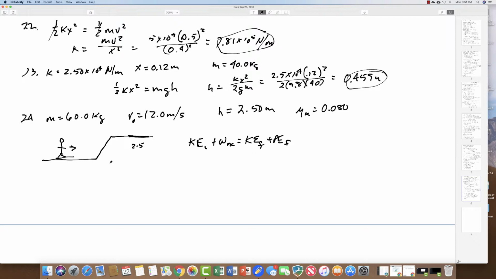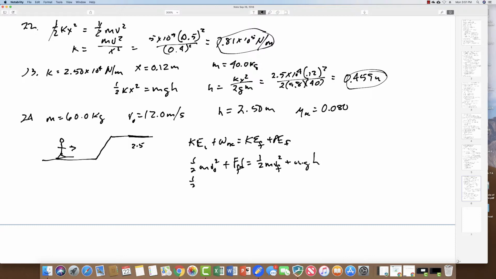So this change in height. So that's 1/2 mv0 squared plus the friction force times the distance the friction force occurred is equal to 1/2 mv final squared plus mgh.